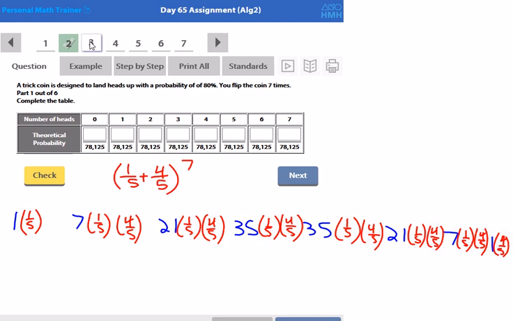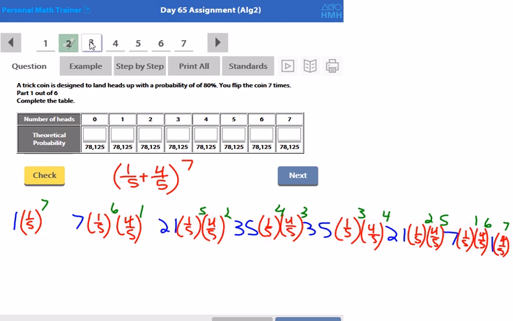So here we have all 7 tails, 6 tails, 5 tails, 4 tails, 3 tails, 2 tails, 1 tail, then 7 heads, 6 heads, 5 heads, 4 heads, 3 heads, 2 heads, 1.